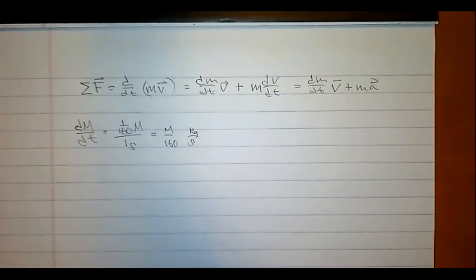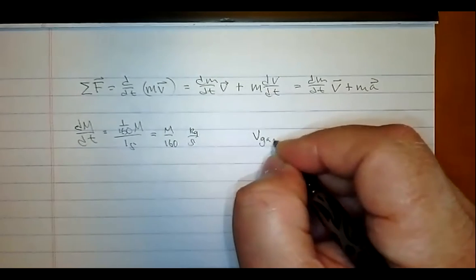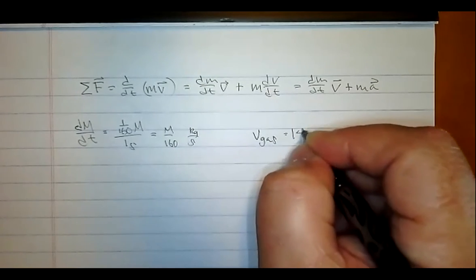Oh, you know what? That might have been what was confusing me, because the bit that was getting to me was that it was 160 times the acceleration is equal to the velocity of the gas, and the units weren't matching up. We were getting 160 times meters per second squared equal to meters per second, so I must have forgotten the per second there.